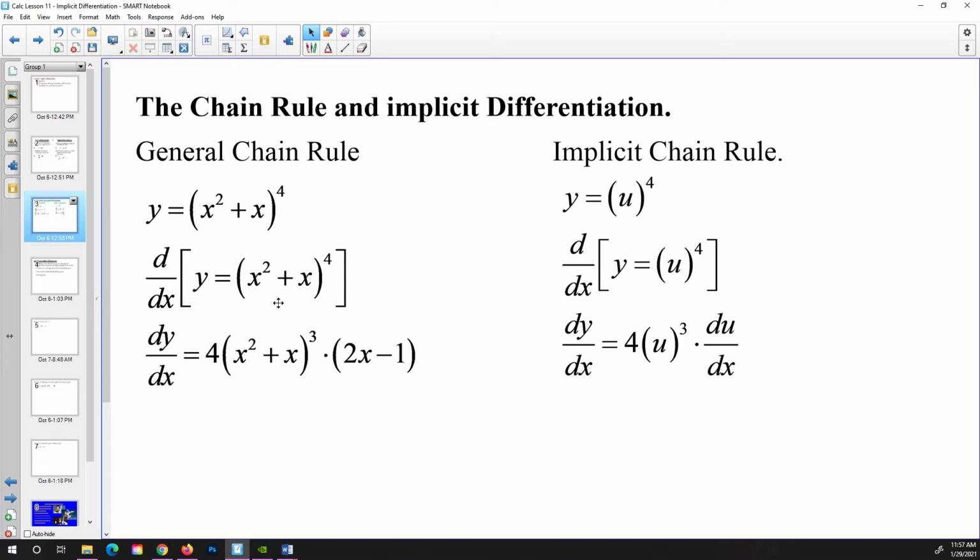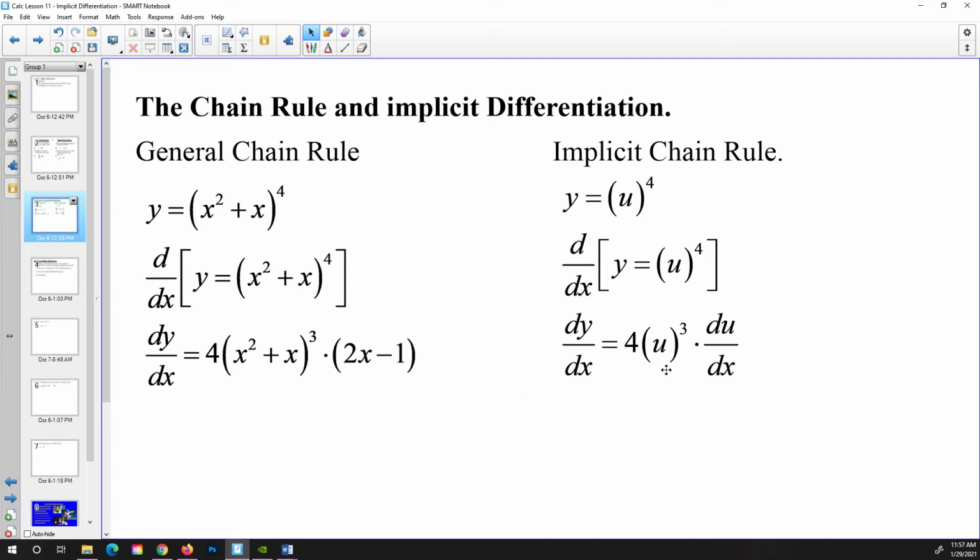In the same way that we took the derivative of this expression by bringing the 4 down in front and reducing by 1, we bring the 4 down in front and reduce by 1. Then we multiply by the derivative of what's inside. Now in this particular instance, because I was deriving with respect to x, I could take the derivative of this expression.